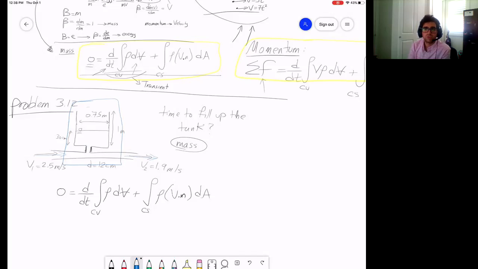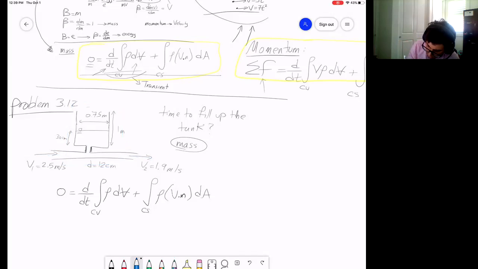It depends how you draw your free body diagram. We don't care about the water coming in here because it's inside the control volume. Anything that happens inside the control volume, we neglect. So this is actually a bad control volume.